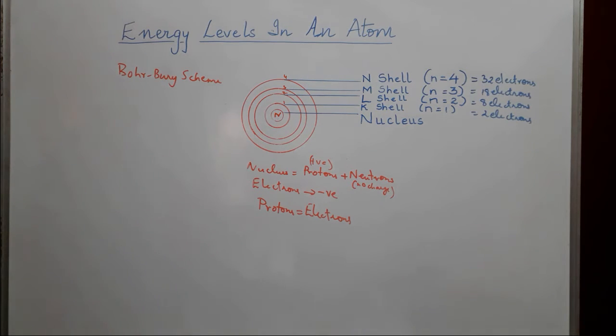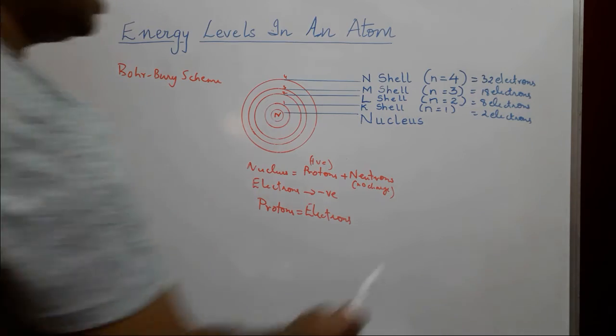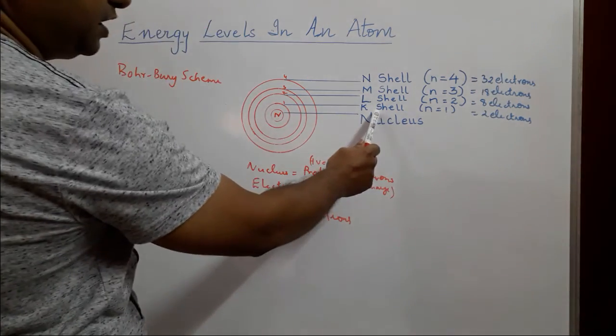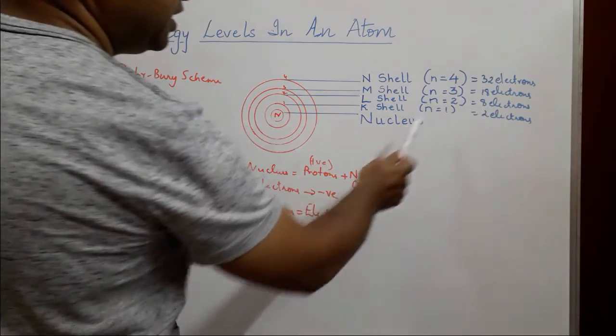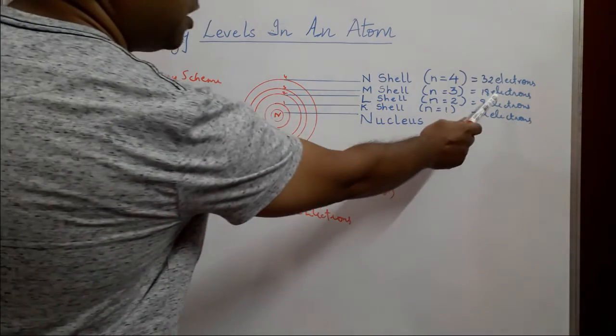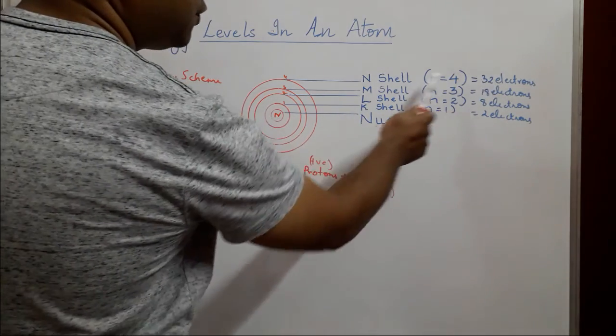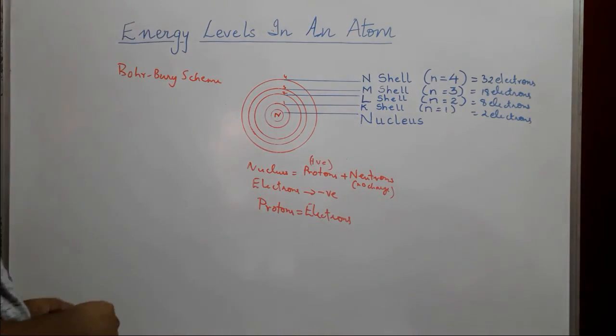So the maximum number of electrons that can be filled in a shell is given over here. So 2 electrons can be filled in K shell, a maximum of 8 electrons in L shell, a maximum of 18 electrons in M shell, and a maximum of 32 electrons in N shell. But how does the filling occur?